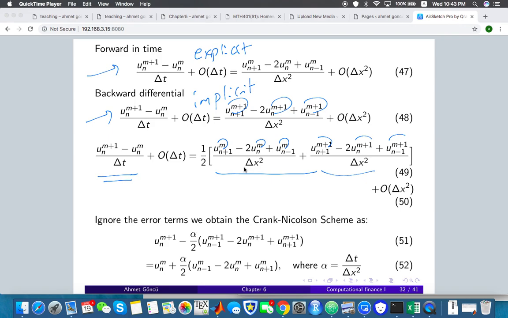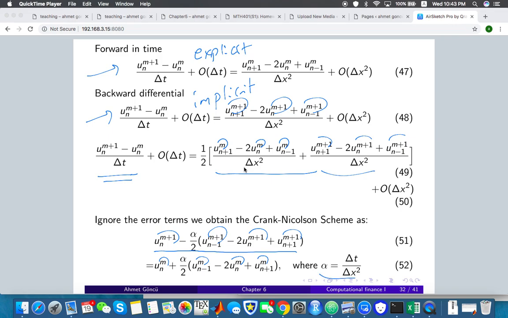You just need to collect everything that you know on the right hand side, and what you don't know and are trying to calculate should go to the left hand side. If you do the simple rearrangement here, some algebra which I'm going to skip, this gives you all the terms that you don't know and are trying to calculate, which have time step n+1, and everything that we already know is calculated on the right hand side, or combined together.